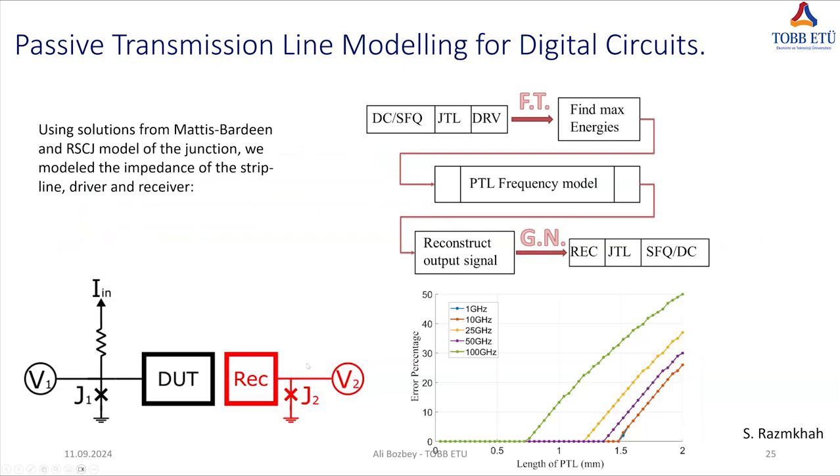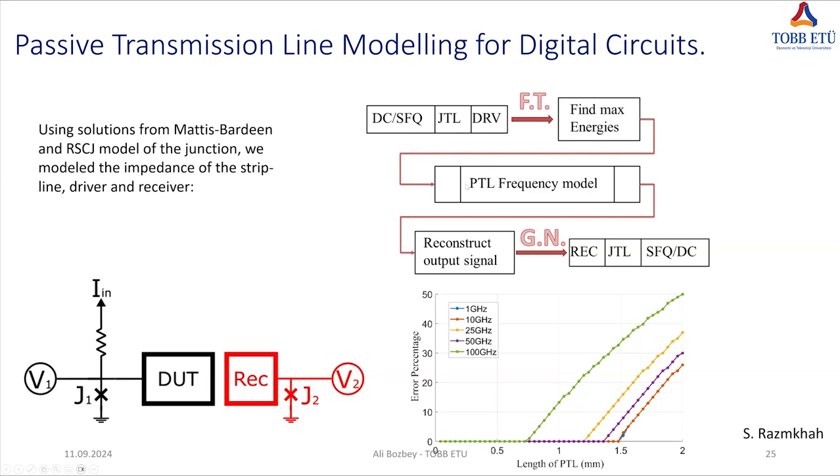Also, in the next slides, I will mention briefly that superconducting devices or Josephson junctions can also be used to design RF digital circuits, not only analog circuits but also digital logic circuits. Between these logic circuits, we need to transfer the signals. In this case, we use a passive transmission line, PTL.